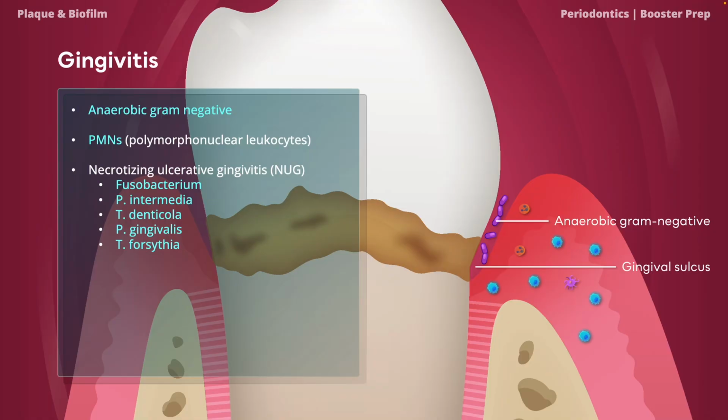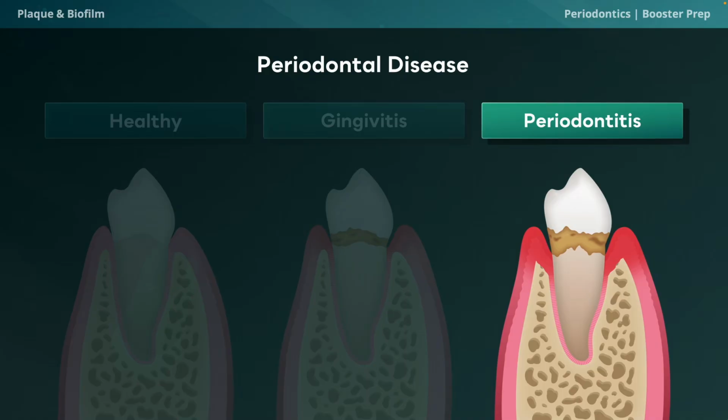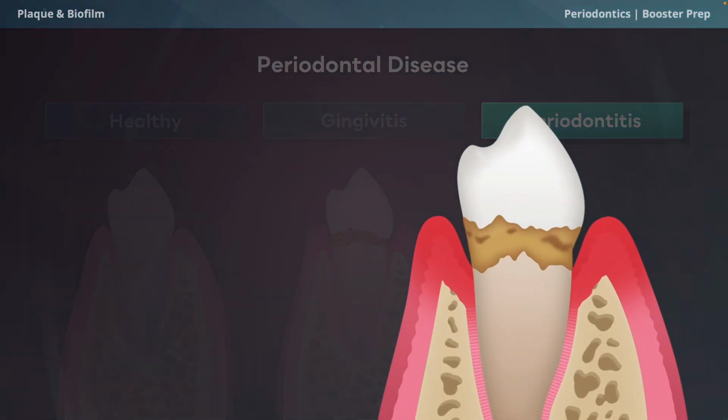But what's important here are the bacteria. NUG is mostly associated with Fusobacterium, P. intermedia, and T. denticola. However, P. gingivalis and T. forsythia, which are usually associated with chronic periodontitis, can also be present here, although to a lesser degree. Alright, lastly, let's take a closer look at periodontitis.